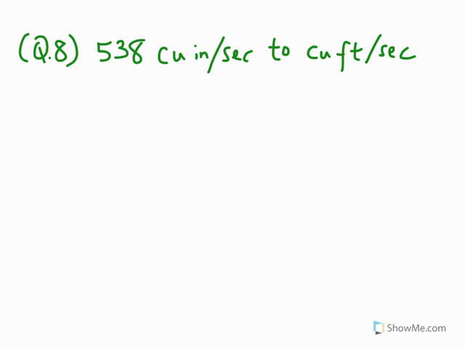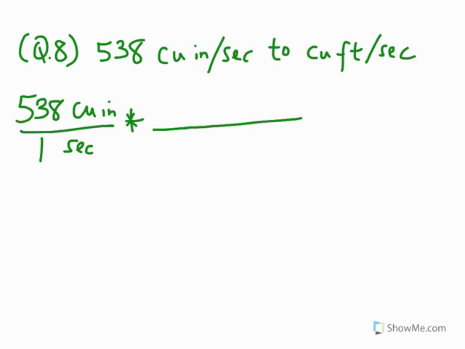Question 8. 538 cubic inches per second to cubic feet per second. So this is 538 cubic inches per 1 second. In this case also, we have to change only the numerator. That's the unit in the numerator, cubic inch, and we want cubic feet.